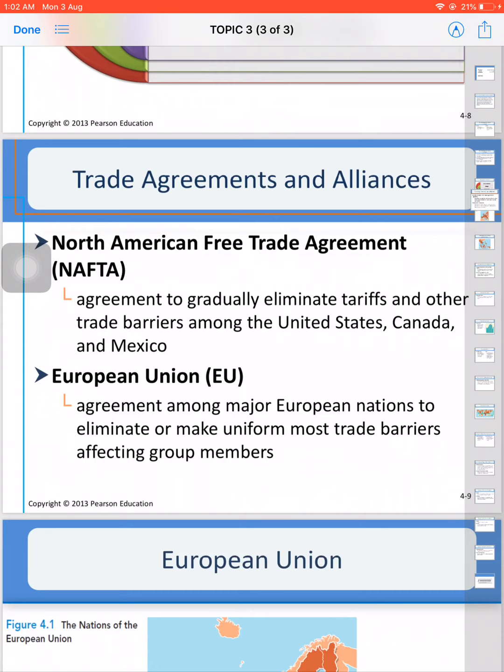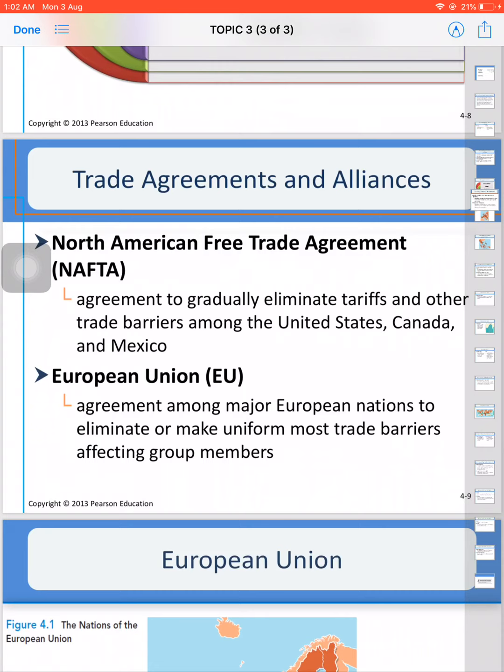Then the European Union, EU. The European Union is an agreement among major European nations to eliminate or to make uniform most trade barriers affecting group members, as stated in your slide.